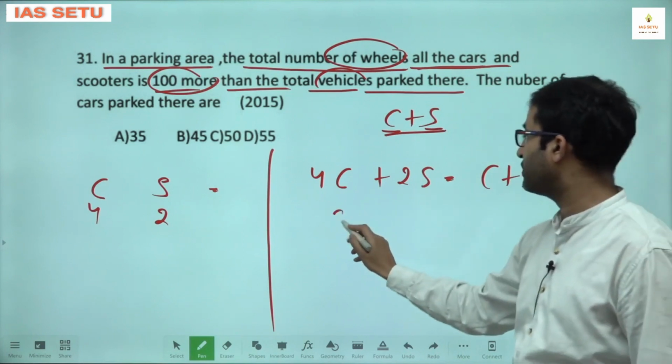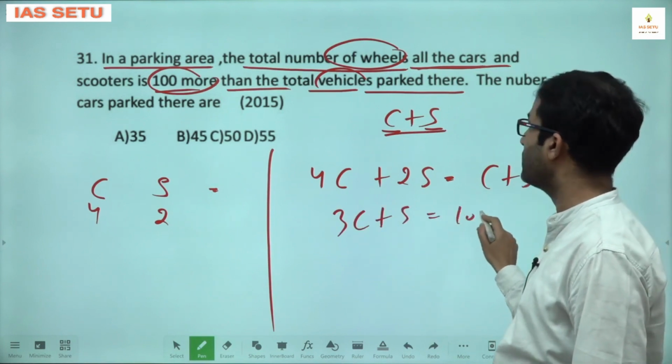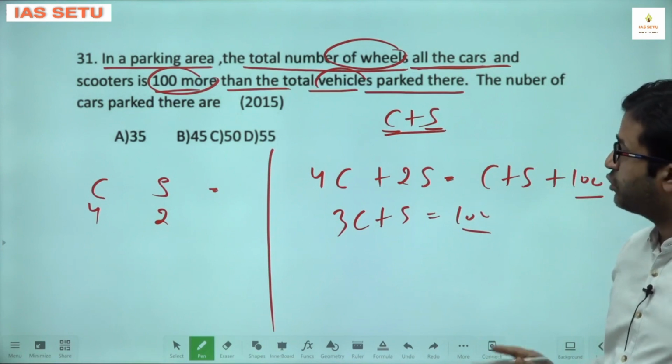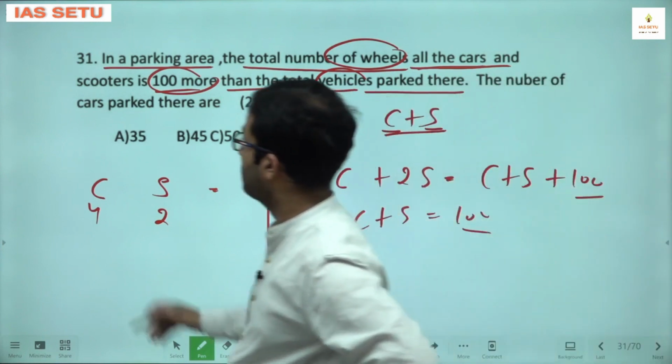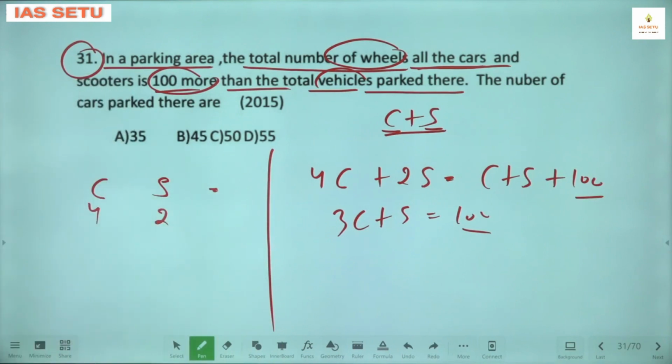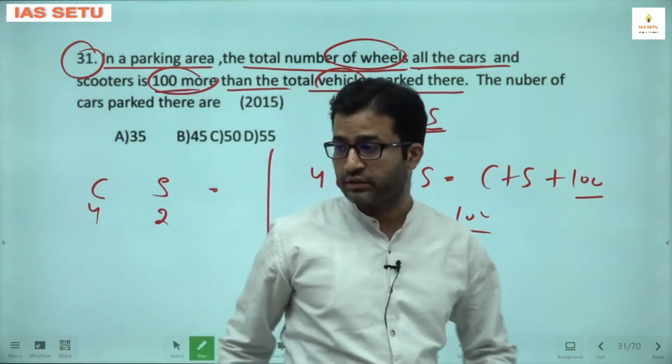We take this side, 3C plus 1S is 100. I will cross check this question because there is a mistake in this question. Now this question number 31, there is one correction.